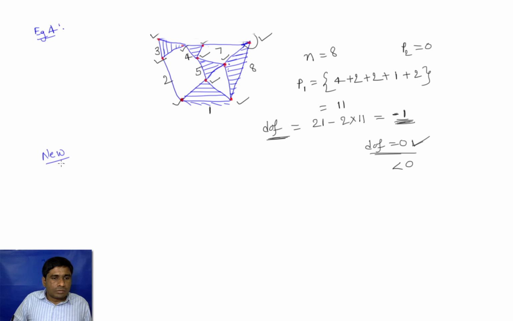So here again n becomes 7. So 3 into 7 minus 1, 6, minus 2 into P1. How much is P1? Here 1, 2, 3, 4, 5, 6, 7, 8, 9. So 2 into 9. So it becomes 0. So in this case degree of freedom becomes 0.